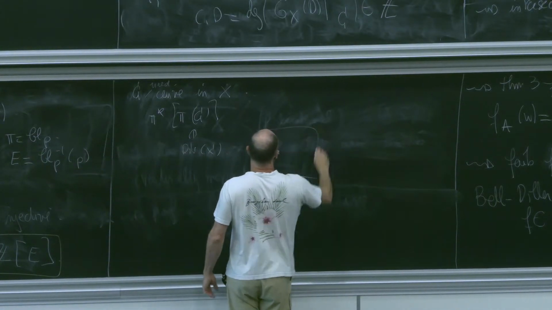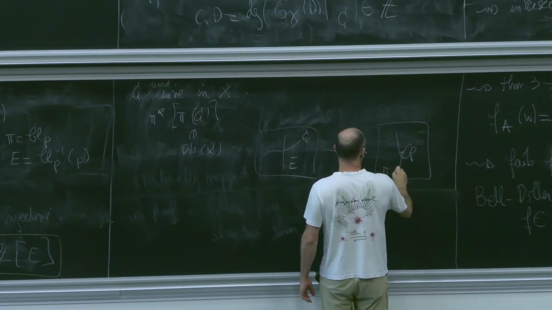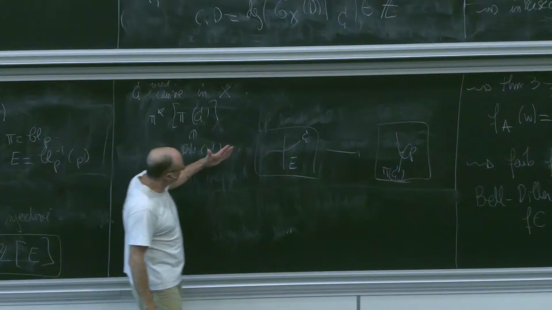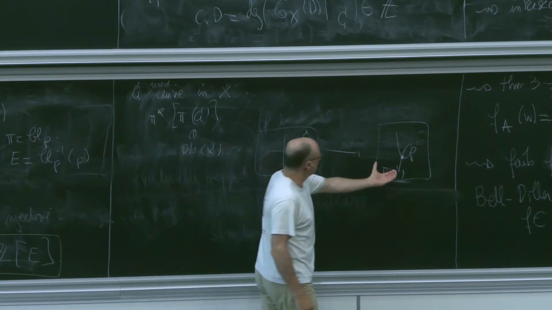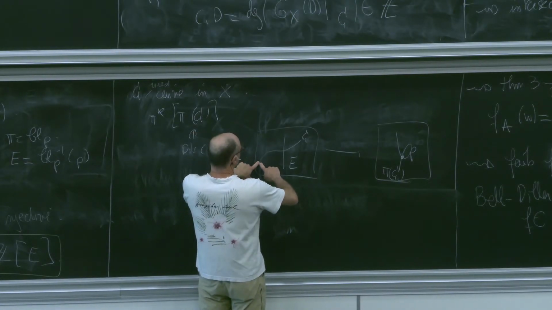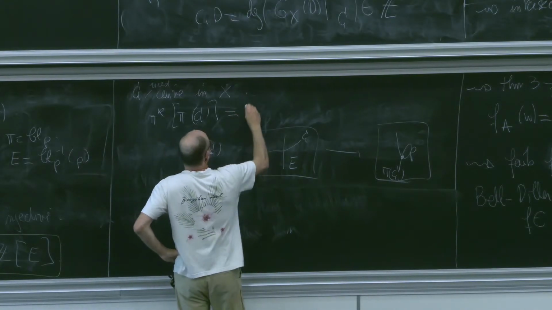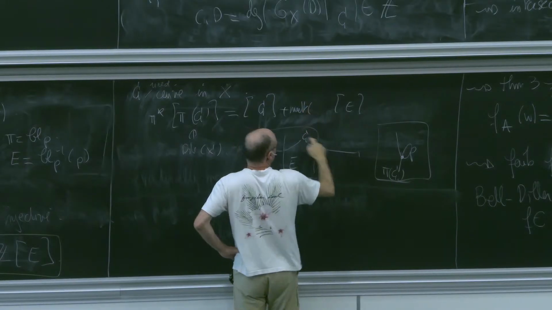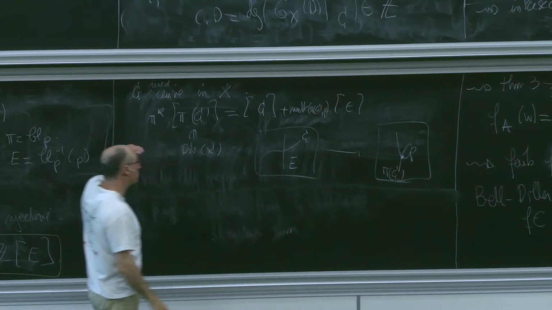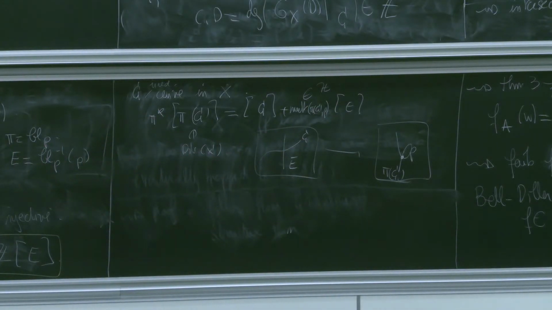You have the curve here: this is E, this is C, this is a point P, and this is pi of C. If C intersects E, then its image is probably going to have some singularity at P. So when you pull it back, what you get at the scheme-theoretic level is C plus E. At the level of divisors, some constants have to come out, so this is equal to C plus some constant times E. I think Jeremy explained that this is in fact the multiplicity of the curve pi of C at the point P. I don't really care about this number, but this shows that any curve in X can be decomposed as the pullback of a divisor in X' plus some constant times the exceptional divisor.